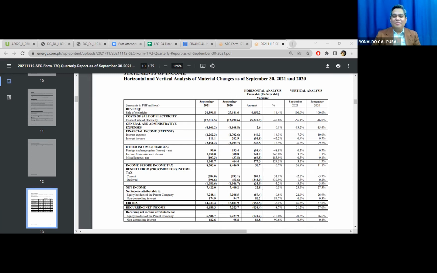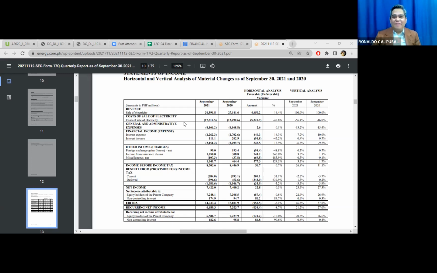And then, of course, there are attendant costs in producing the electricity. So that is the cost of sale of electricity. My research on EDC tells me that their sources of energy are renewables. So they're a renewable energy company.